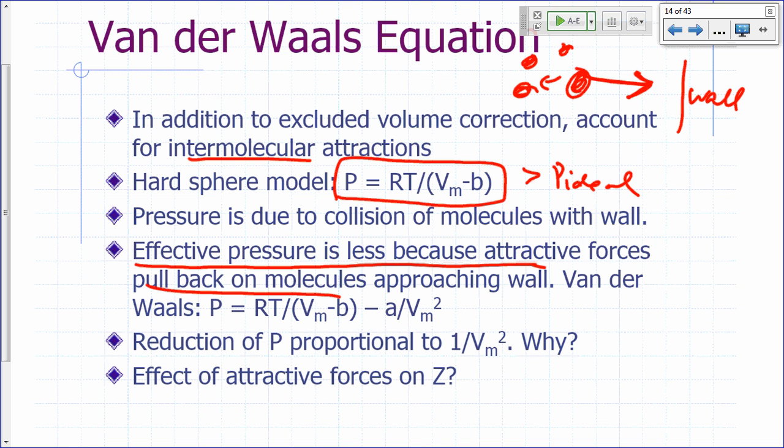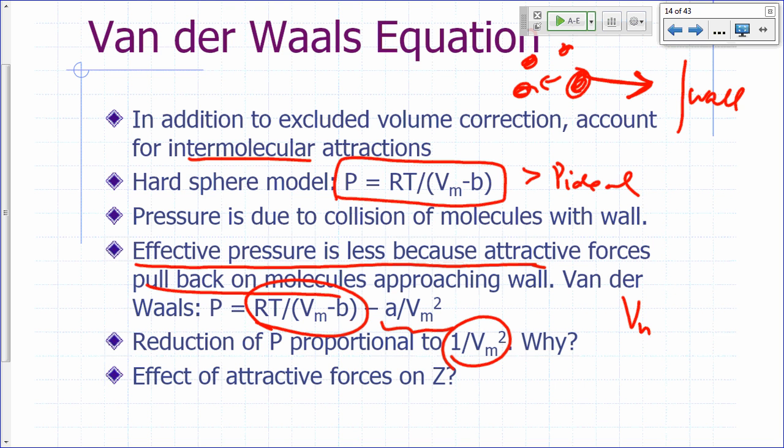So in addition to this correction, we have to subtract something from this expression so you can lower the effective pressure. The reduction in the pressure is directly proportional to the square of 1 over molar volume. What do we mean by 1 over molar volume?